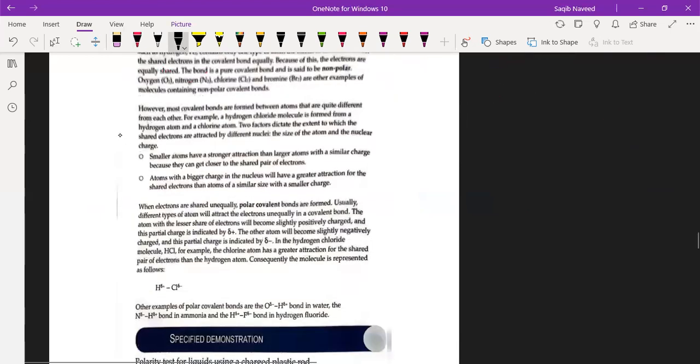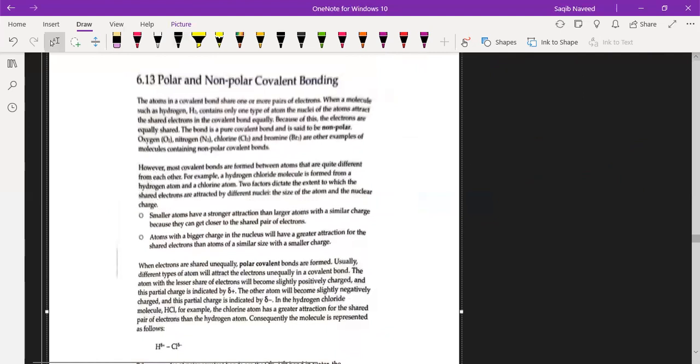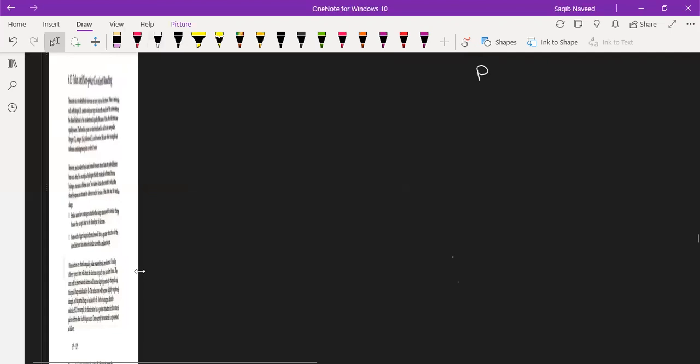Okay, the next topic is about polar and non-polar covalent bond. So the concept of polar and non-polar covalent bond, like there is a concept of electronegativity. So what is meant by electronegativity? Do you have any idea?